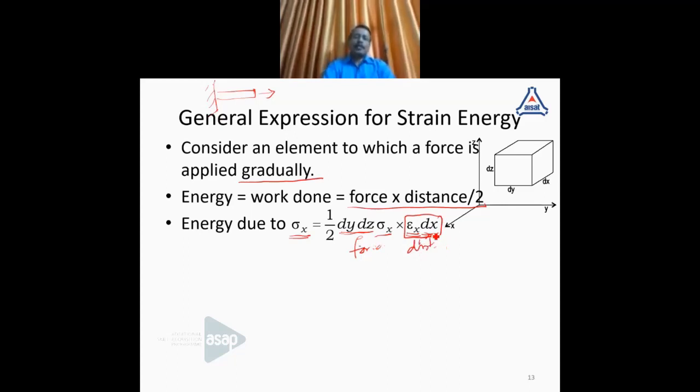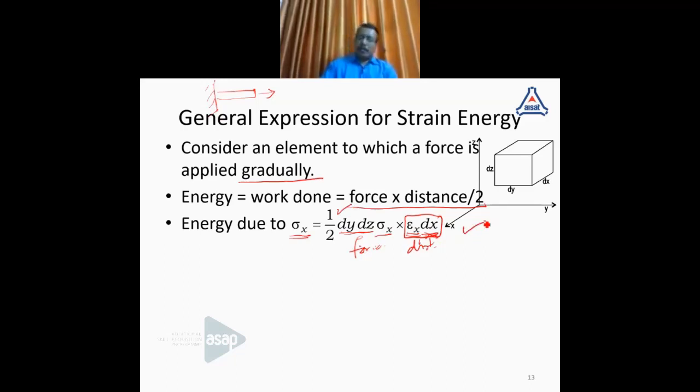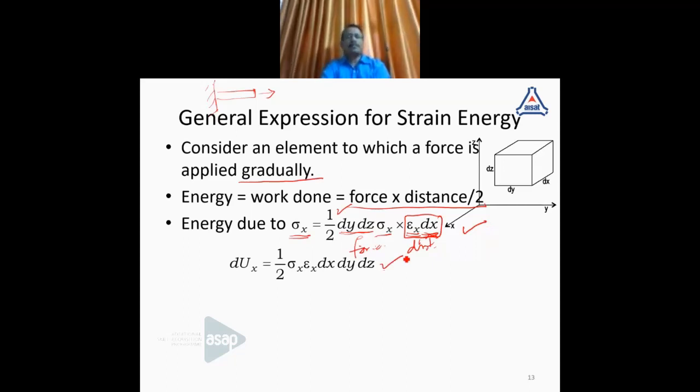So force into displacement multiplied by half is the energy when a force is applied gradually. The contribution of strain energy is half of sigma x into epsilon x into dx dy dz, which is a volume.